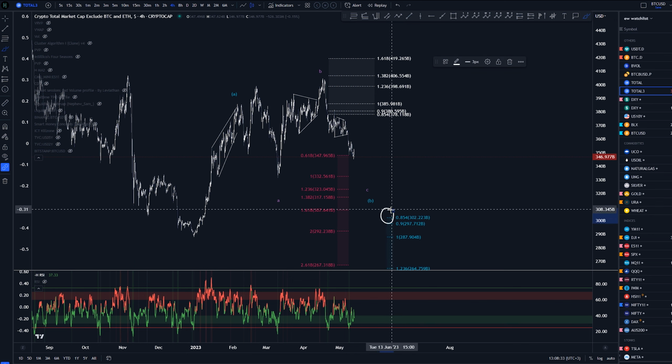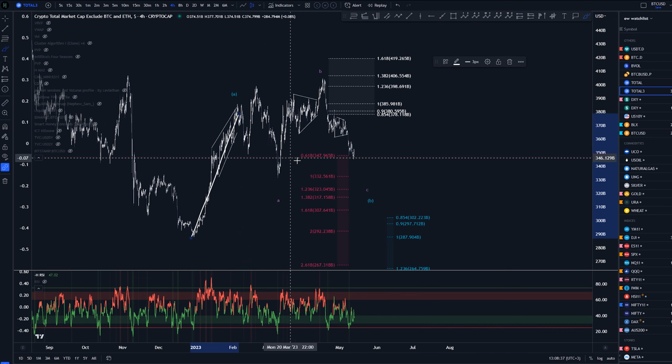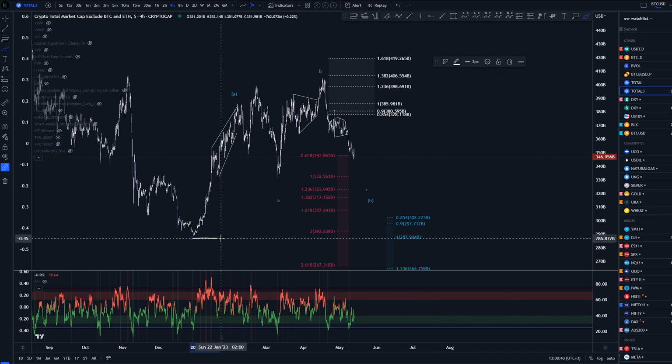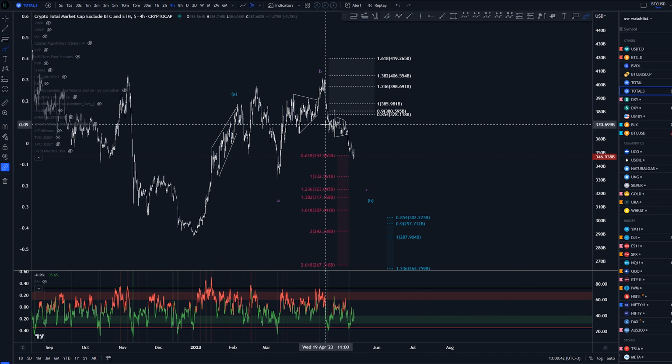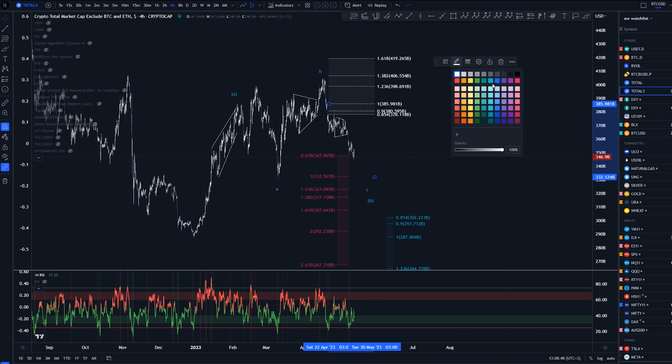So if they are closer to the 85.4 or 90% retracements already of this first move, I don't think they are going to be holding the lows. Keep that in mind when you're scavenging and looking for the next altcoin that you want to be trading.